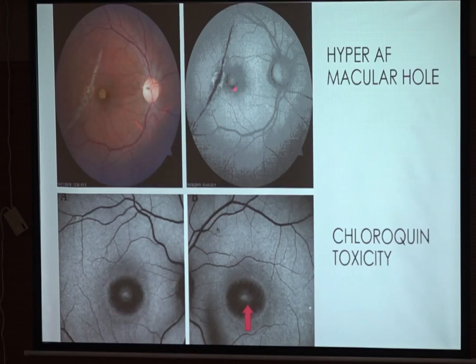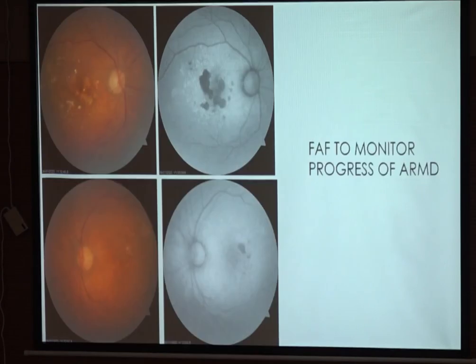Macular hole: as there's nothing on top, there's no blocking effect, so you see a hyperautofluorescent area here, but later on if you do macular surgery, this hyperautofluorescence decreases. Chloroquine toxicity is very classic. This is a classic pattern which is easily picked up on FAF and many times not picked up on FFA.